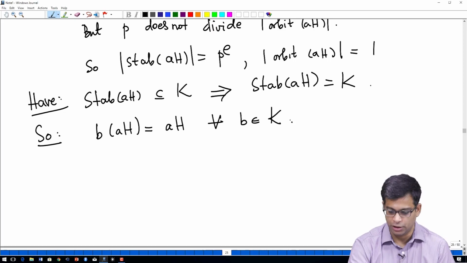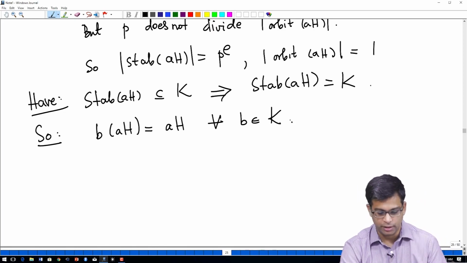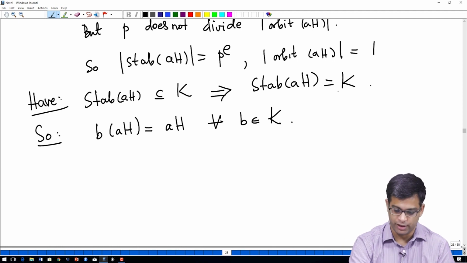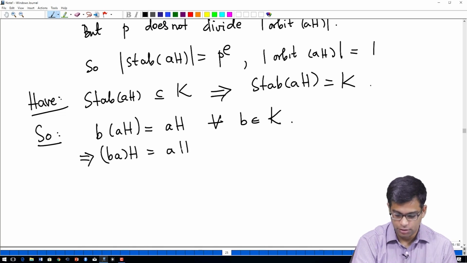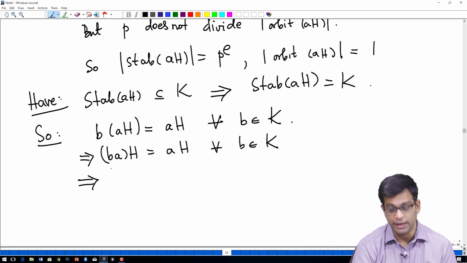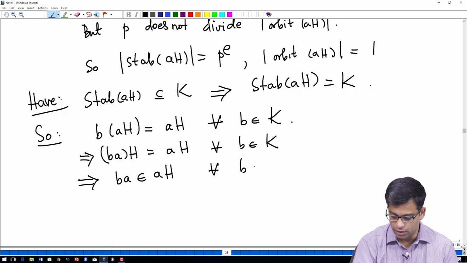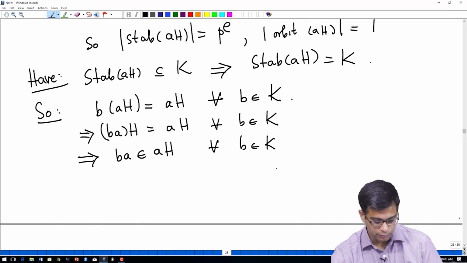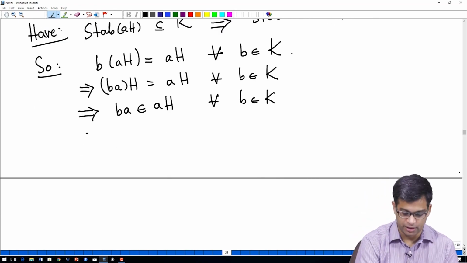This is exactly the meaning of every element of K being in the stabilizer of aH. This means baH is equal to aH for all b in K. But this means baH contains ba, so ba belongs to aH for all b in K. I am just going step by step here, hopefully each step is clear.